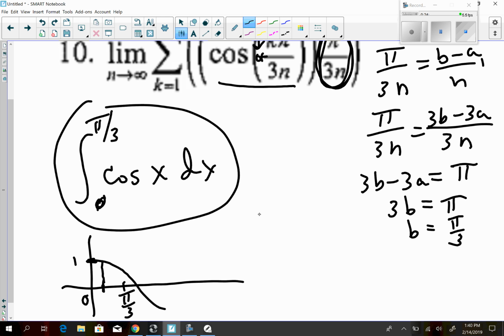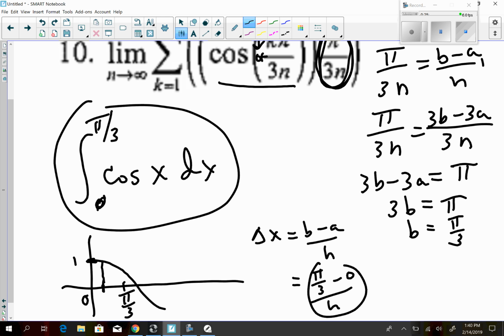And the ending place is always delta x, change in x, which is always b minus a over n. So if this answer is correct, then B is pi over 3 and A is 0. So we have pi over 3 minus 0 over n. And if we multiply the numerator and denominator by 3, we get pi over 3n.